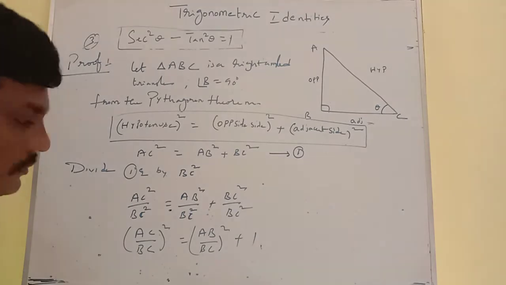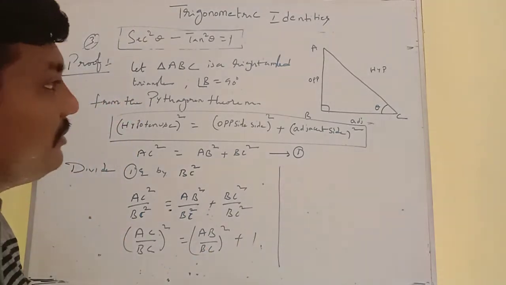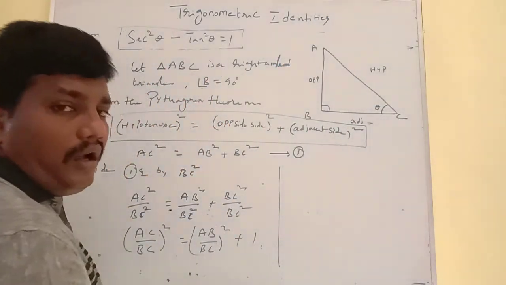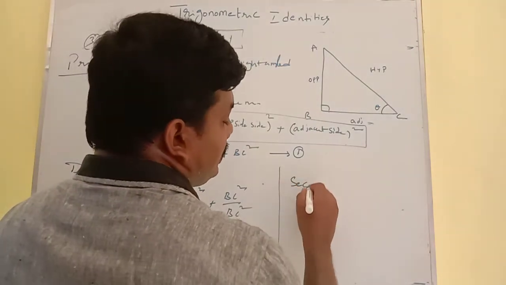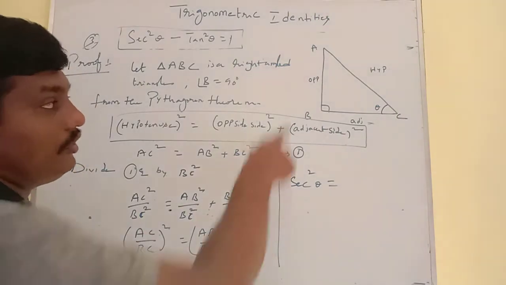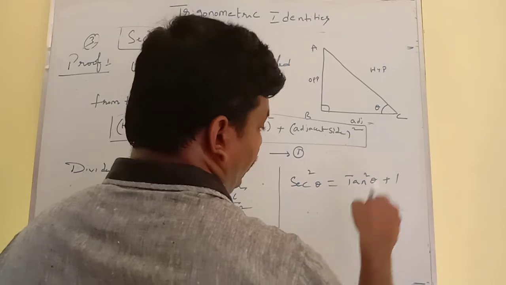That is 1. Now AC by BC: AC is nothing but the hypotenuse, BC is nothing but the adjacent side. Hypotenuse by adjacent side gives secant square theta, that is equal to AB by BC square plus 1.